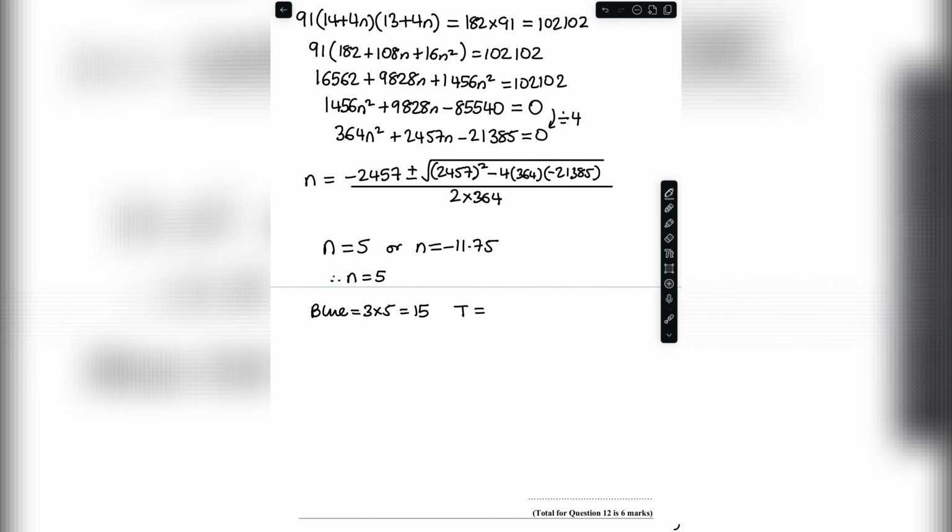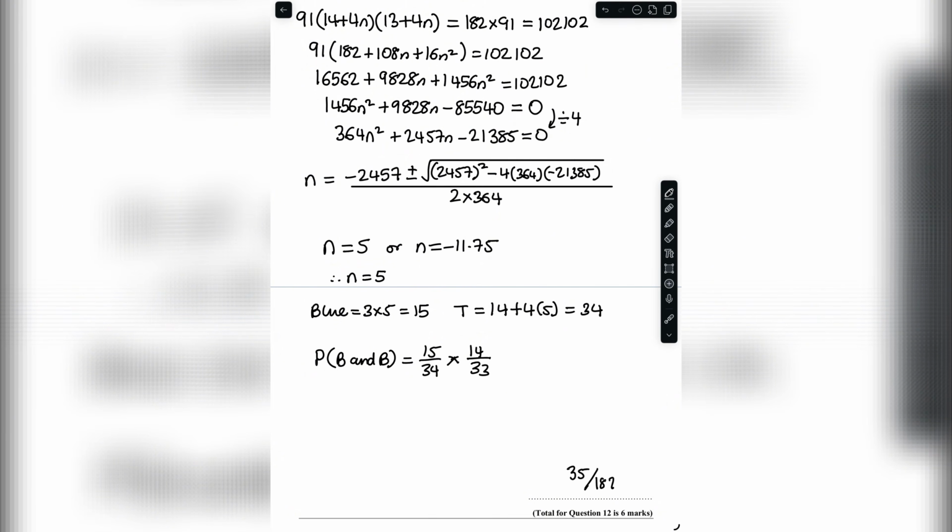And the total number of sweets is 14 plus 4 times 5, and that is 34. So the probability that both sweets are blue equals 15 divided by 34 multiplied by 14 divided by 33. So the final answer is 35 over 187.